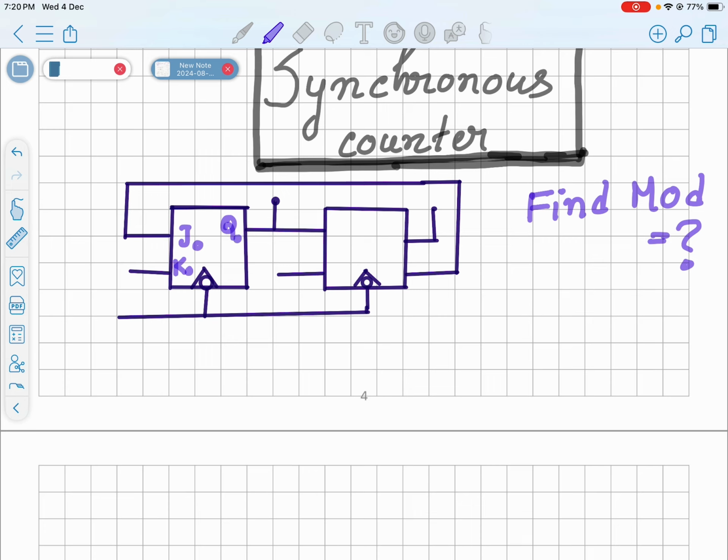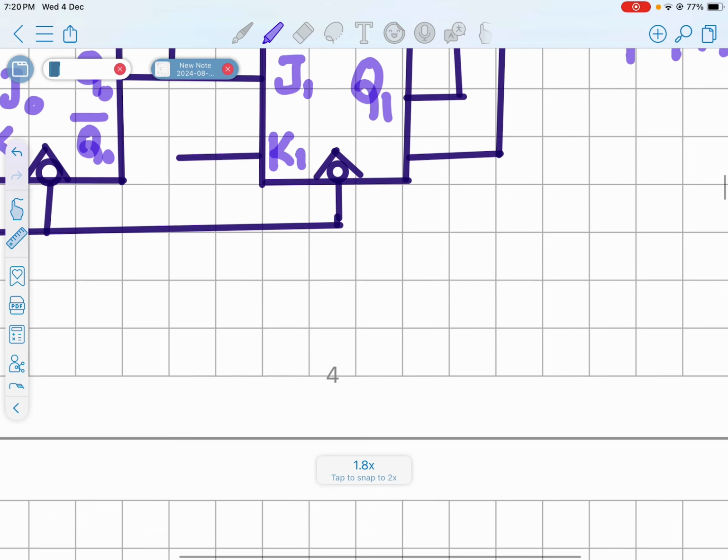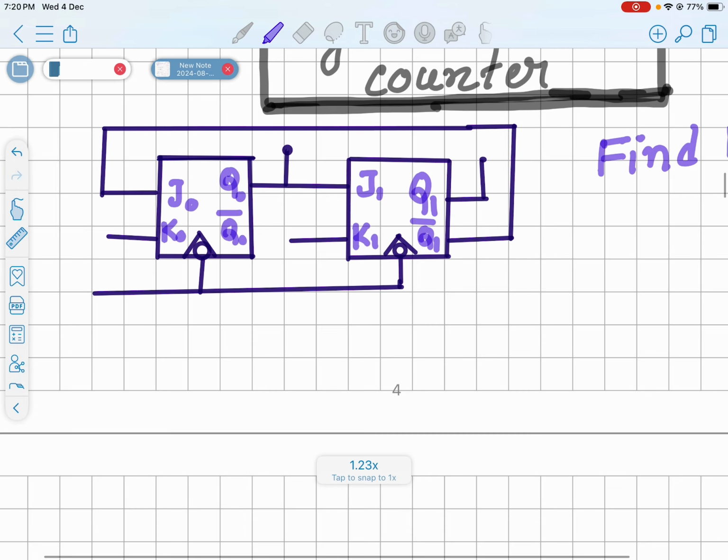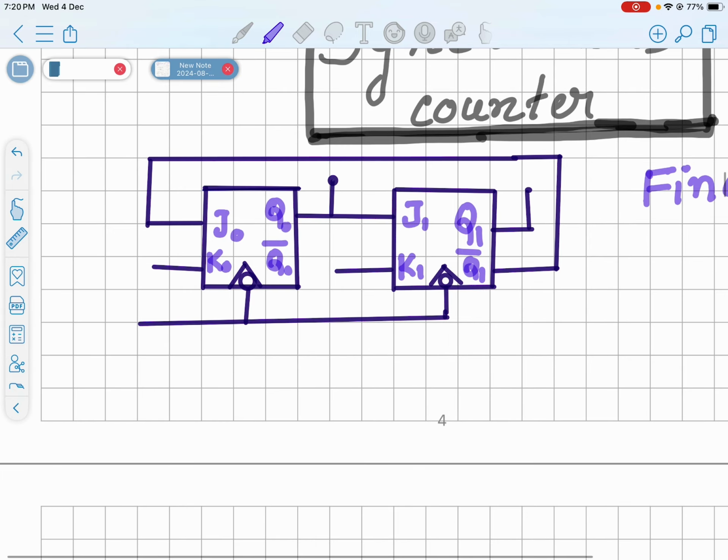Let us first write this. This is given. Here the clock is given.